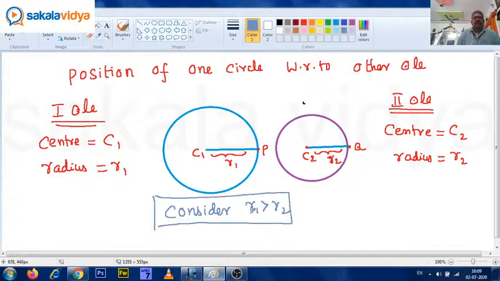Okay. So now here different cases will arise. Different cases will arise means we need to discuss the different cases of the positions of one circle with respect to other circle.